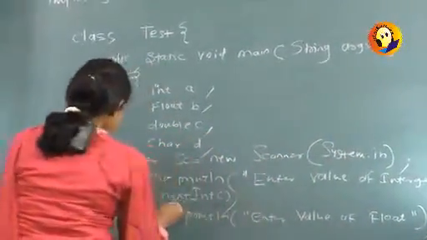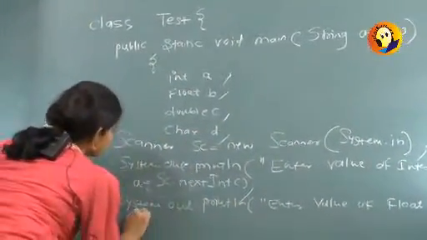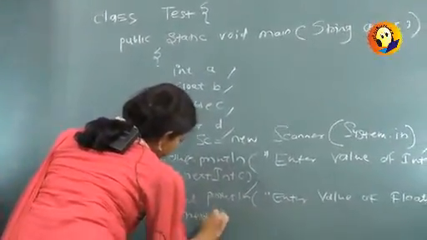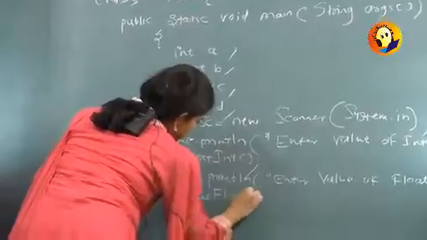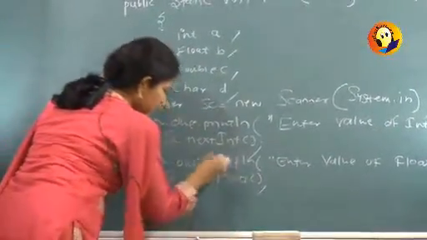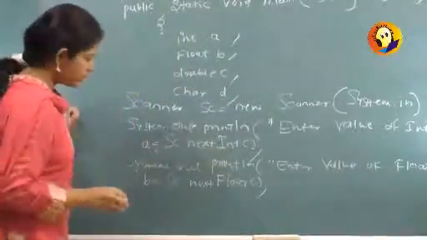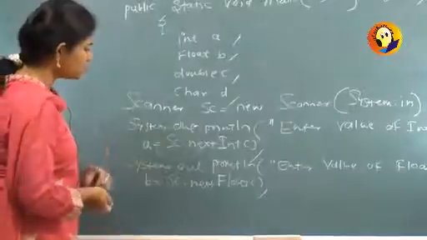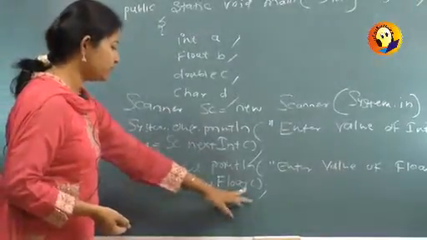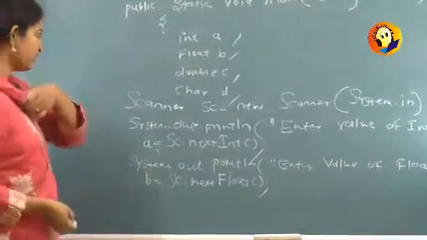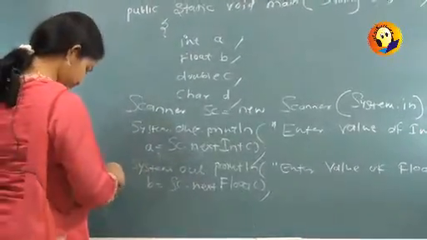For reading the value of the float variable, b is equal to sc.nextFloat. So F capital, I capital. nextFloat is a method of the Scanner class which will accept one value of float type and save that value into the b variable, that is of float type.